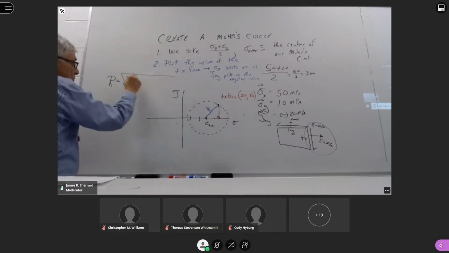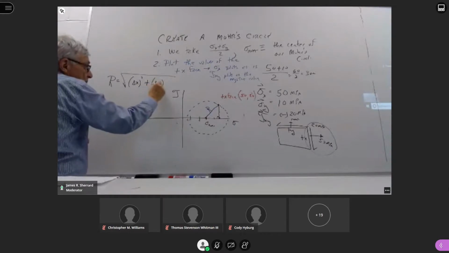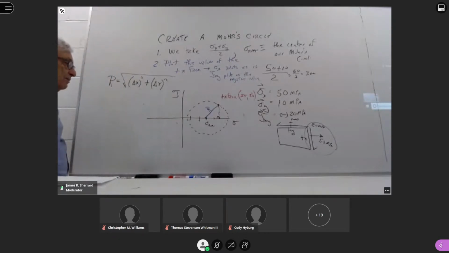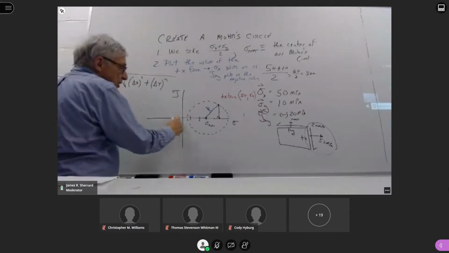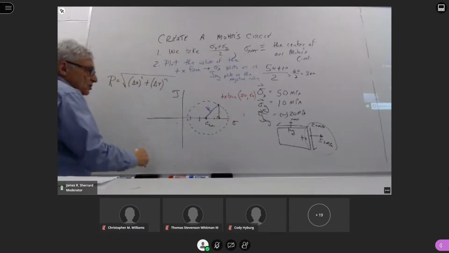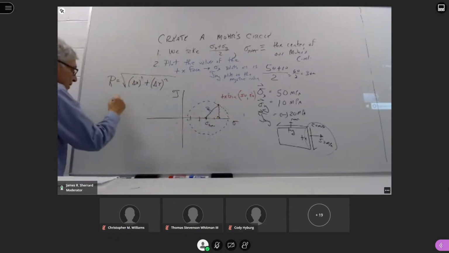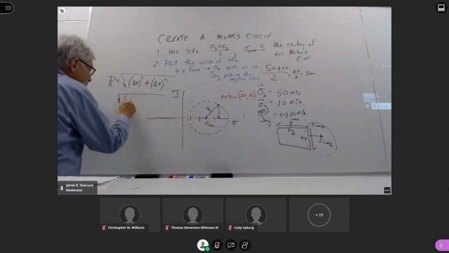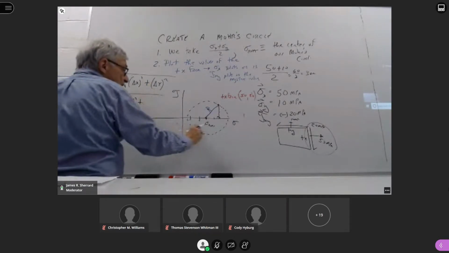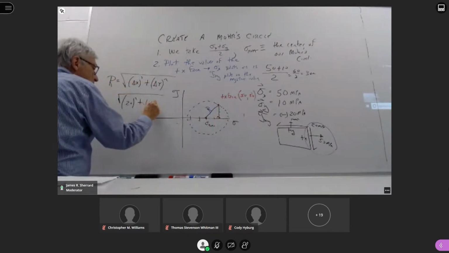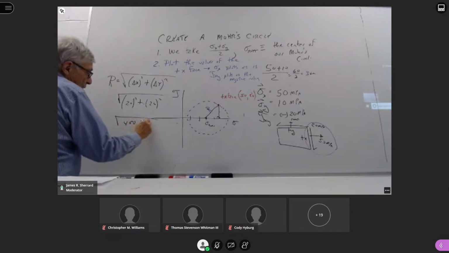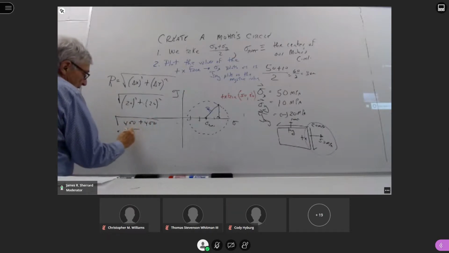The radius is equal to the Pythagorean theorem, the difference between x's and the difference in y's. This side is 50 and 30, so that's 20 squared. This side is 0 and 20, so that's 20 squared. So this is the square root of 400 plus 400, which is the square root of 800.